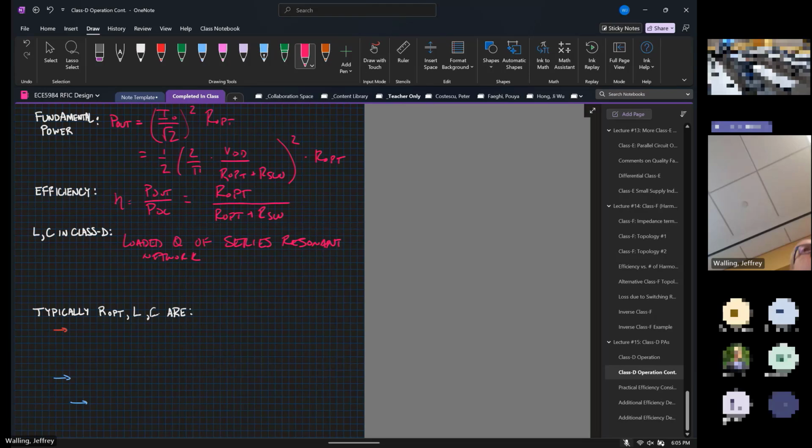So we can talk about the loaded quality factor of the series resonant network. The network quality factor would be equal to the impedance of the inductor divided by R opt, or equal to the impedance of the capacitor divided by R opt.